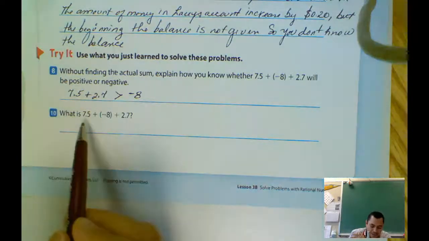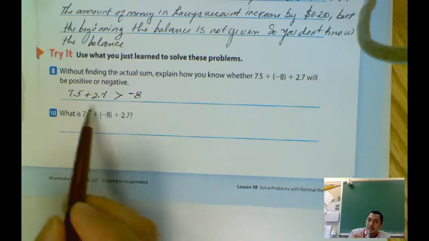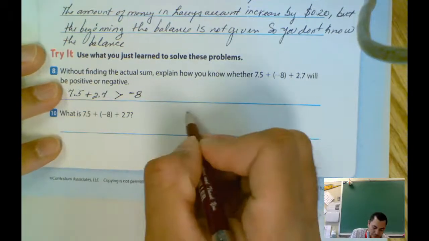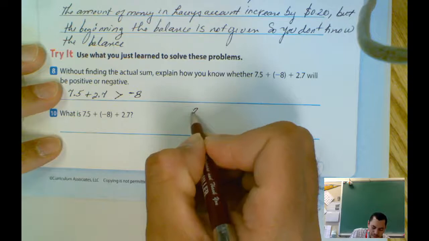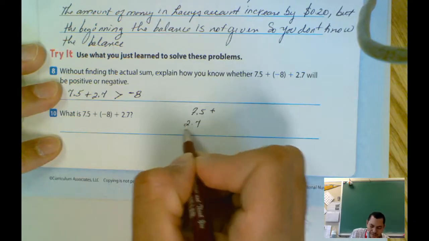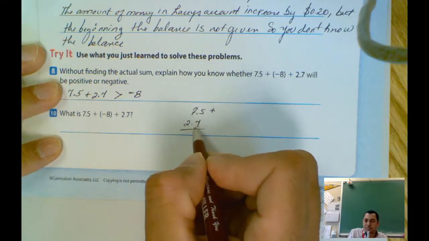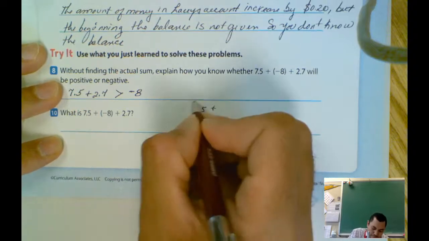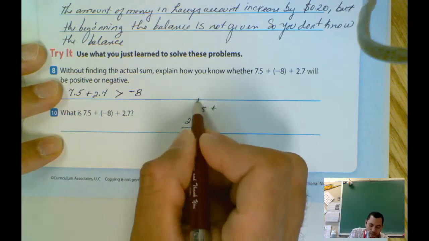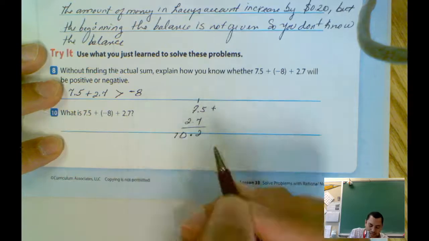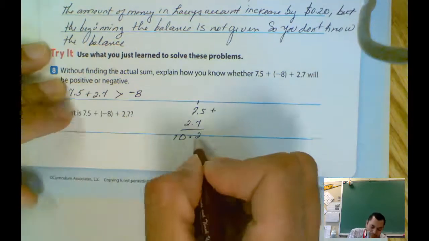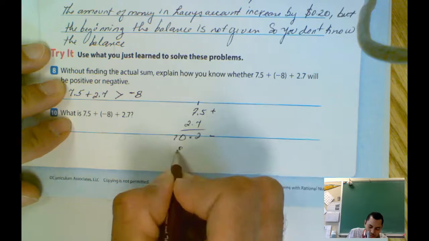So now they're asking you, what is the addition of those ones? So look what I'm going to do. I'm going to add the positive numbers. So I have 7.5 plus 2.7, and then I have 5 plus 7 is equal to 12. Drop the decimal point. So I have 8 and 10.2. Now I need to subtract 8 minus 8.0.